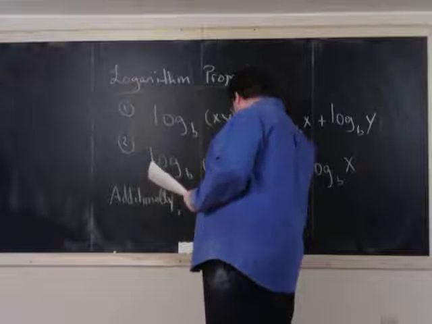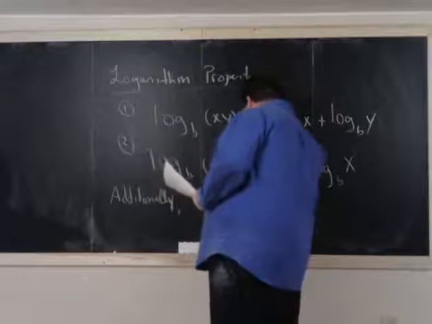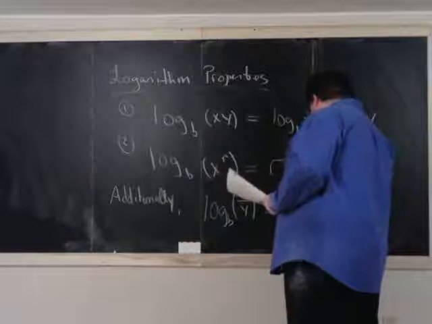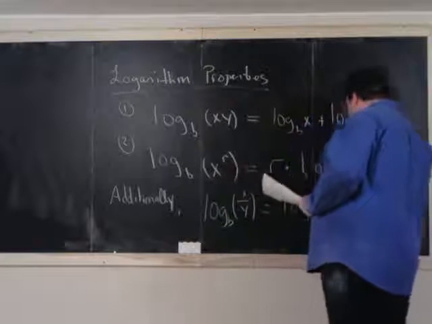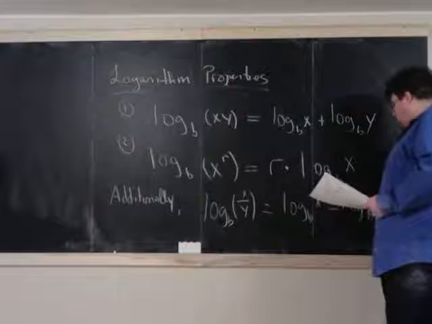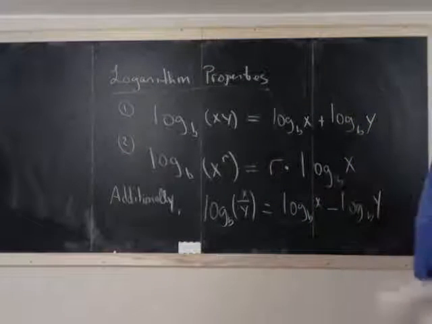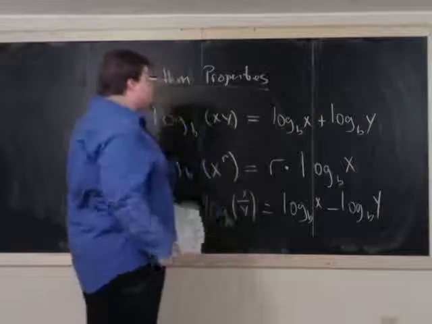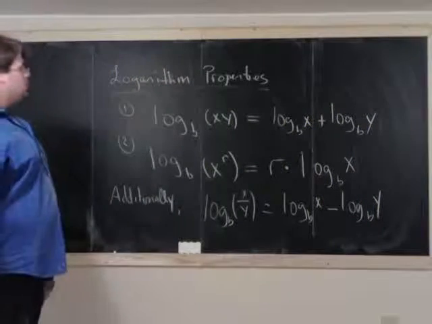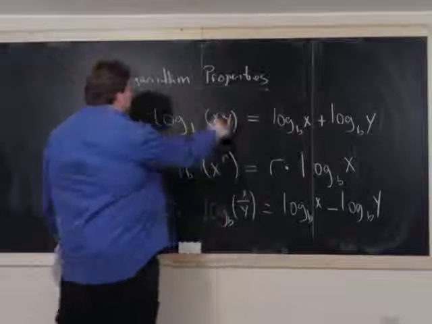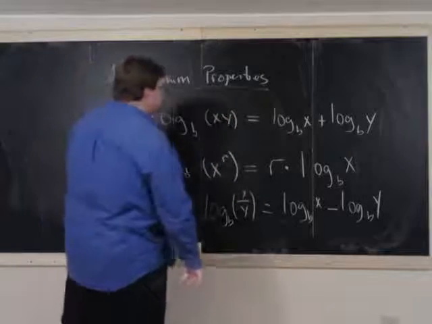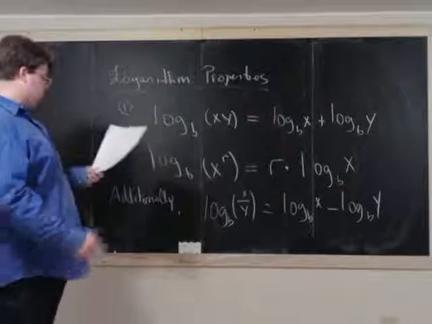Logarithm with base b of a quotient is the difference of logarithms. So, this is combining the first two properties with a negative 1 on that y as an exponent. And we'll see how we use these in a couple problems.